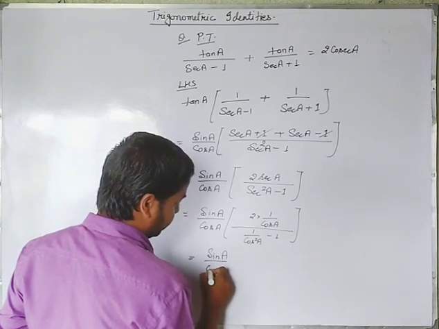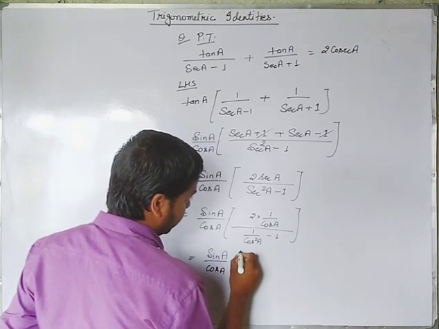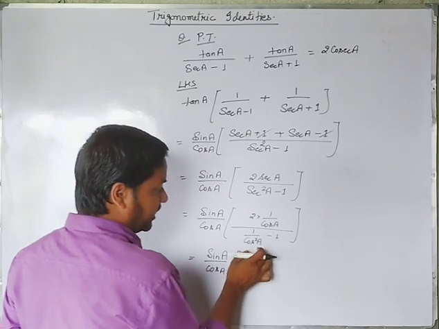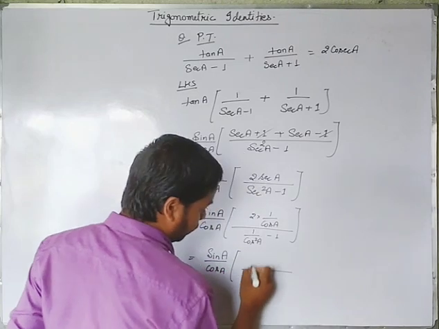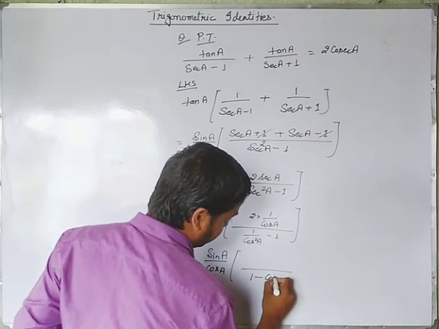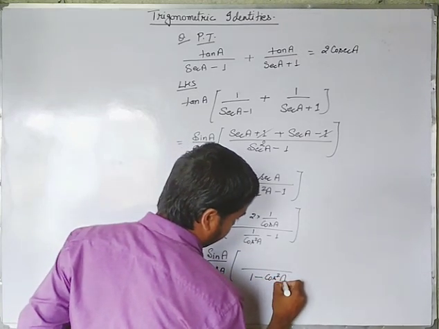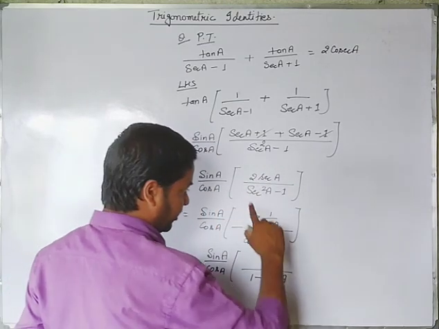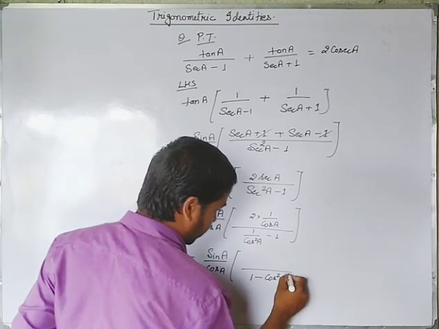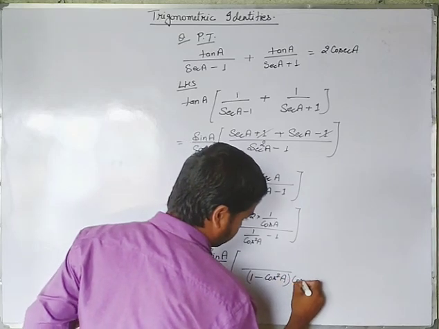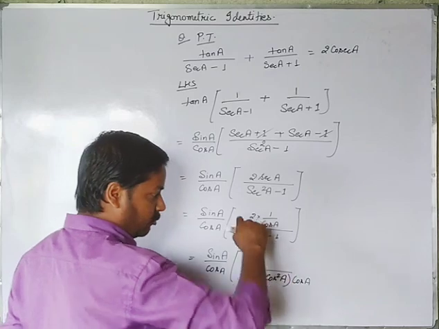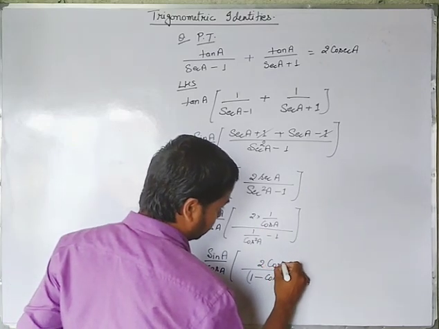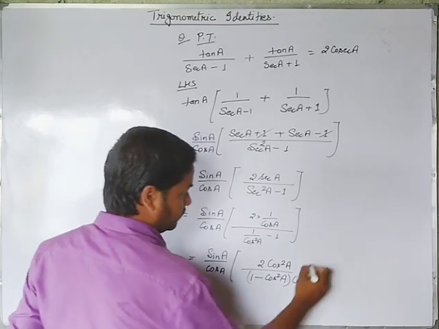Sin A by cos A into, if you take the LCM in the denominator, it will become 1 minus cos square A down there. Then this cos square A will go up and that cos A will come down into cos A, and here it will be 2. This down cos square will go up, so here it will become cos square A.